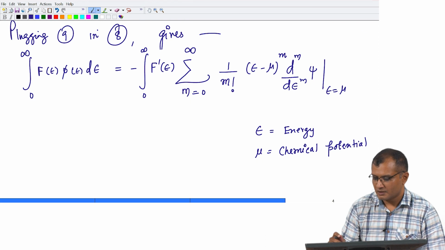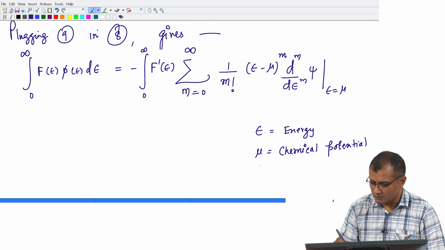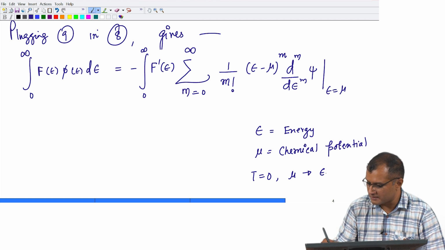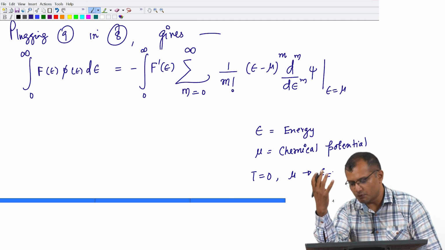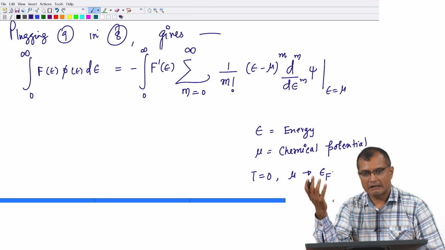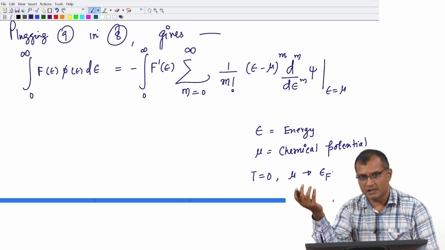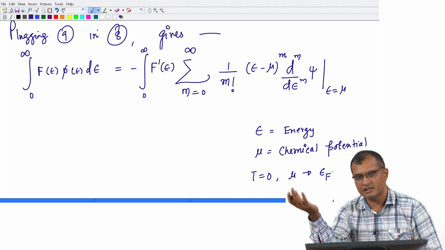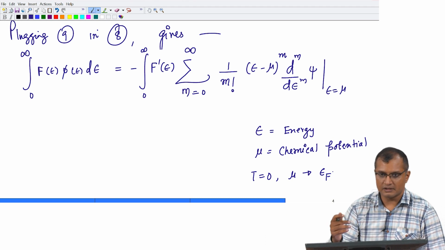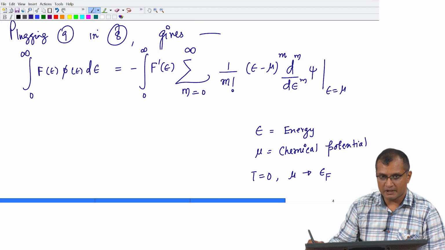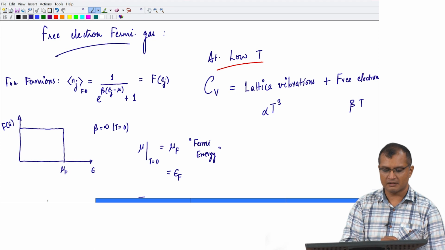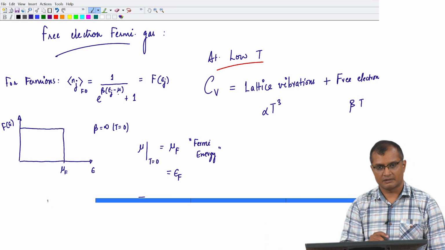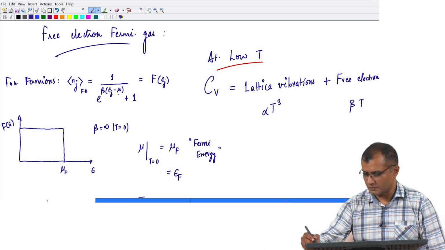So, at T equal to 0, the chemical potential becomes the Fermi surface energy, or the value of the Fermi energy. So, the scale of the problem, which is mu, becomes the Fermi energy at T equal to 0. That is the only distinction. At any non-zero temperature the scale remains the chemical potential, as reflected in our Fermi-Dirac statistics. If you go back, as you can see here, this is the scale of the energy, which is the chemical potential.